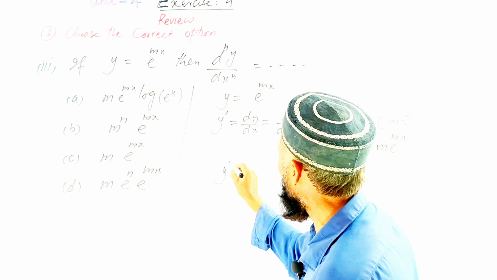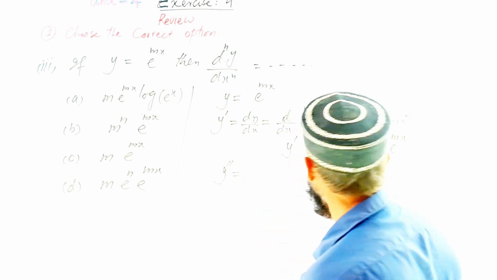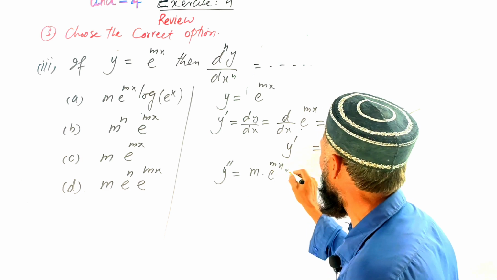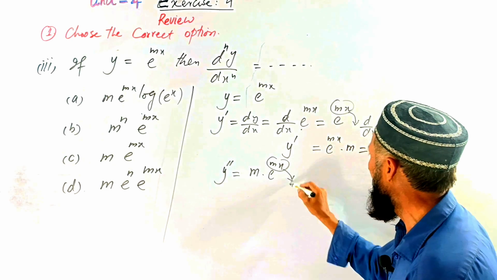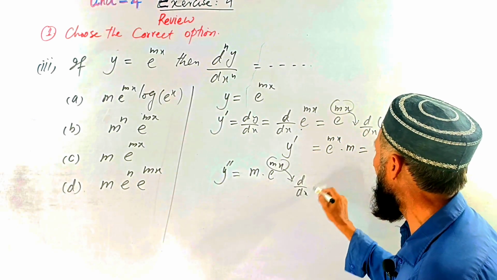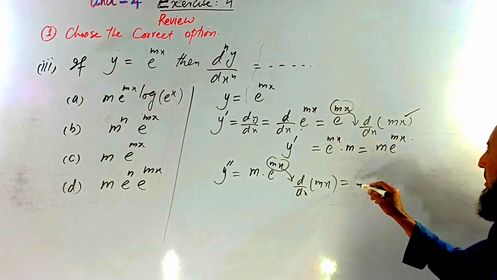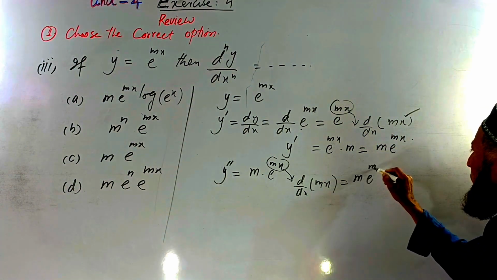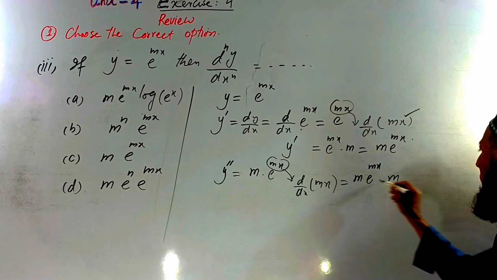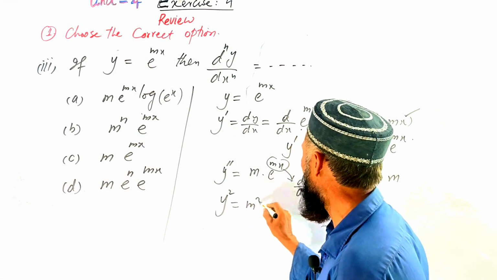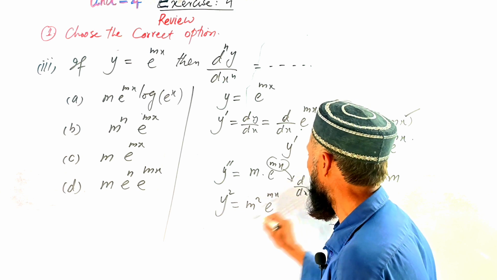Similarly, if we are finding the second derivative, we take the derivative of this function: m e power mx, and further the derivative of mx, we get 1, m into m, multiplied by m, we get m square e power mx, and so on.